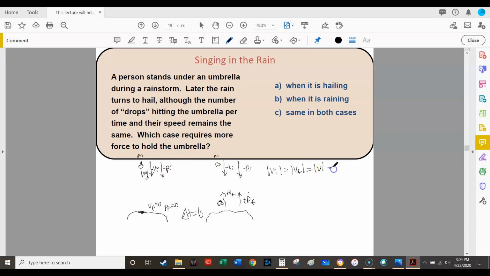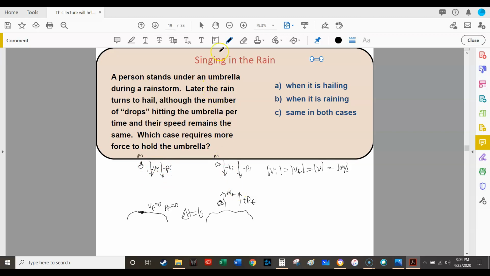And so that means all these magnitudes are going to be the same. So even though it's two different objects, they're going to have the same speed down. So this speed is equal to this speed down. The masses are equal. Okay, so that's pretty much the setup.